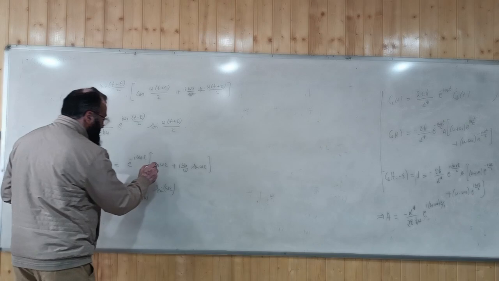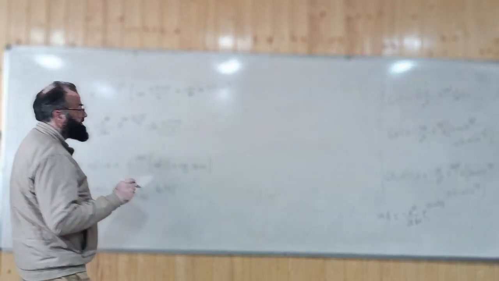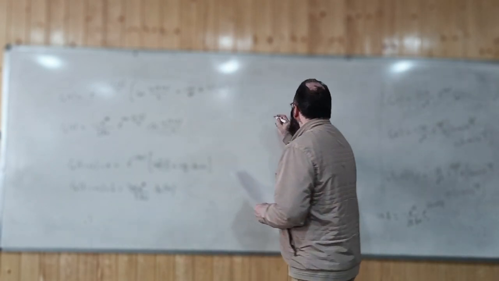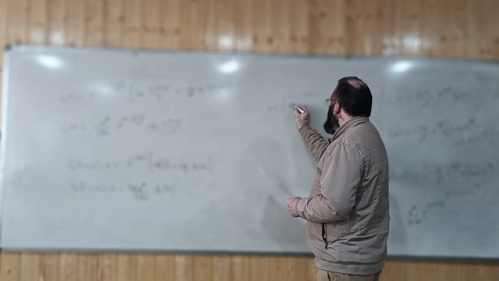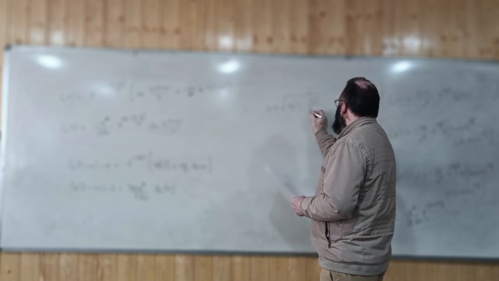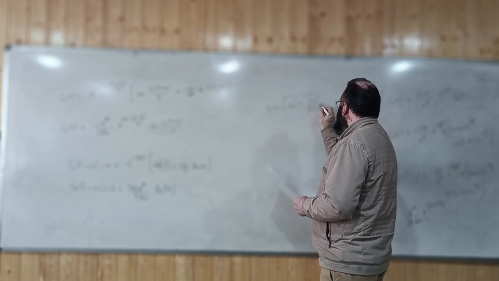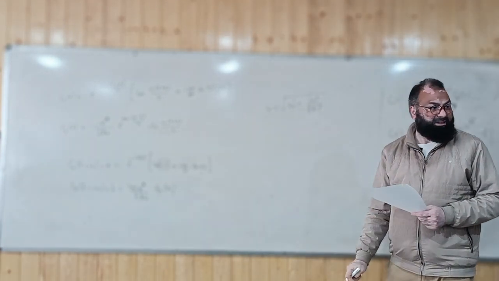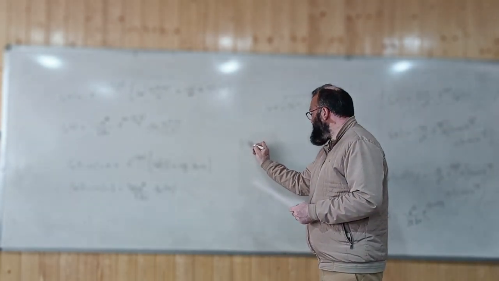Let's look at omega. What was omega? Omega is the root of omega_0 squared plus the modulus of alpha divided by epsilon h cross, whole squared. Clear? So now let's take the limit.